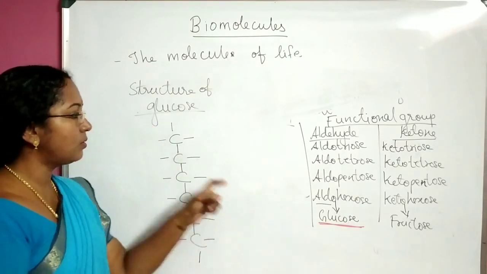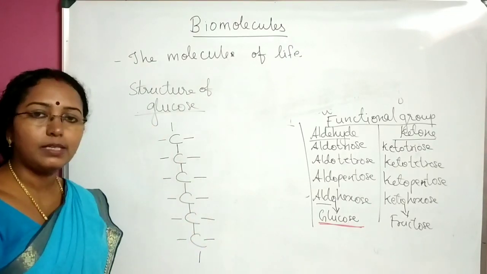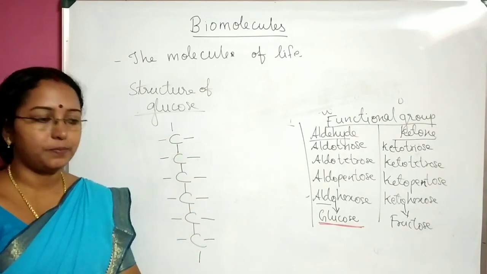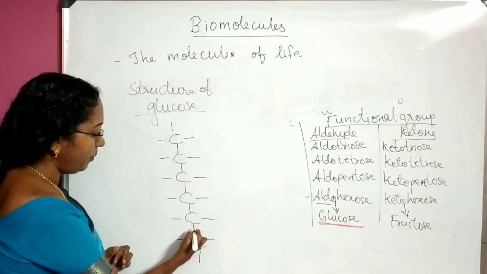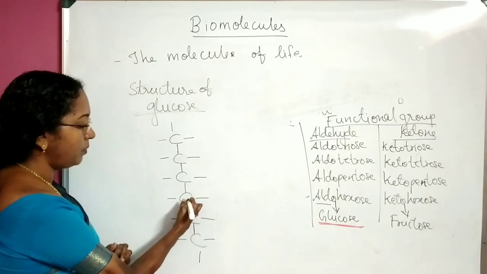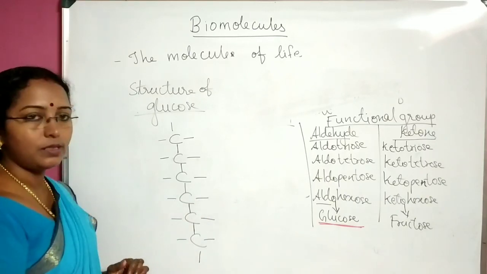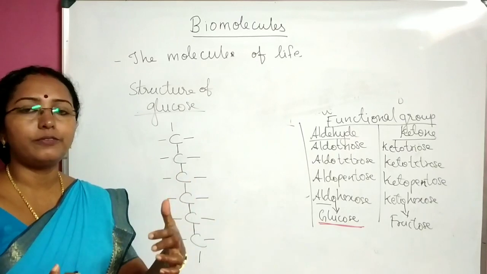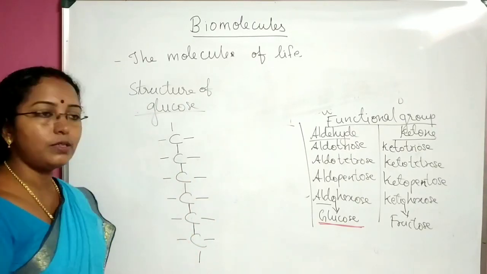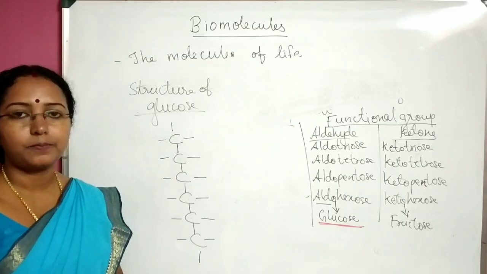This hexose, so I have drawn all the 6 carbon atoms. Now I have just put the 4 bonds around each carbon atom. The bond which is coming here will be common for the carbon above it and below it. Similarly, this bond is common for the carbon above it and below it. So the rest of the 2 bonds only I have to add. Only with respect to the first carbon and last carbon I have to put all the 3 bonds.